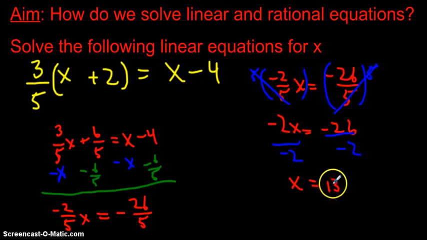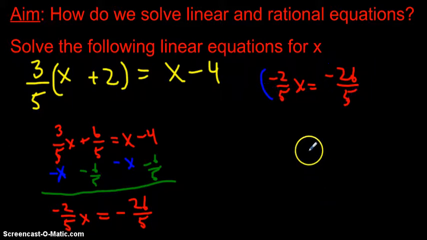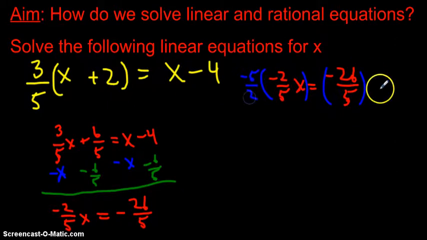Another way we could have done this, let's go back here. Instead of dividing by 5, we can just multiply by the reciprocal fraction, and that'll cancel out both parts at the same time, so that's negative 5/2 and negative 5/2. That'll give us 10 over 10, which is 1, or just x.